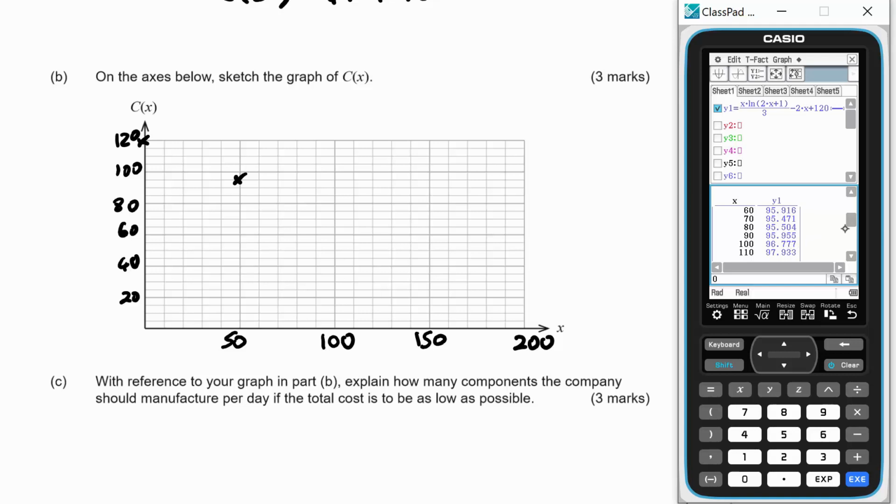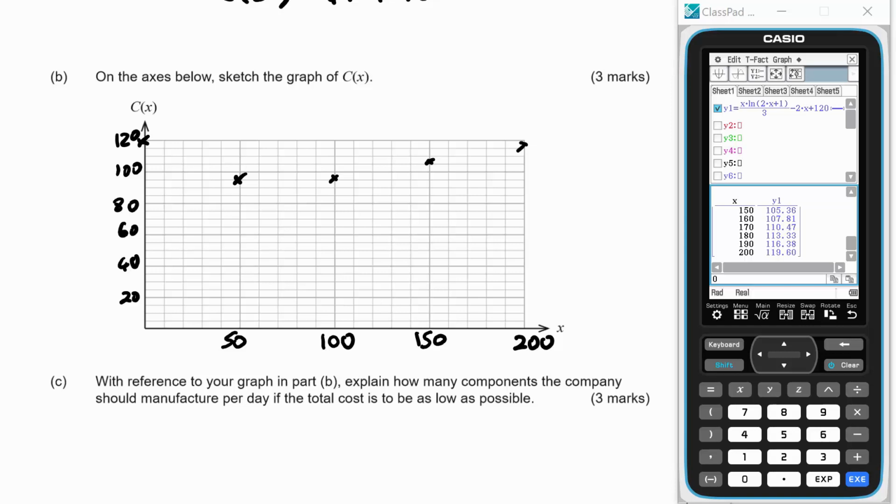So around the same sort of point. 150 is at 105. So I've got there. And 200 is virtually back at 120 up there.